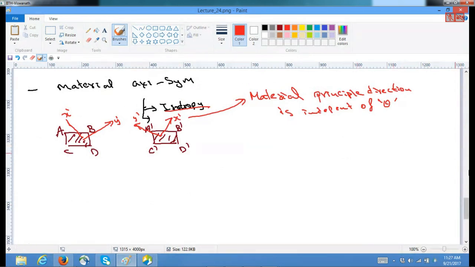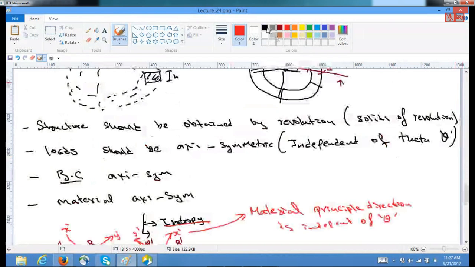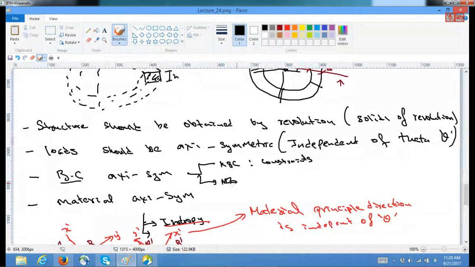Now, the boundary conditions can be classified into kinematic boundary conditions, or displacement constraints, and natural boundary conditions, which are nothing but loads. Both of these have to be axisymmetric.